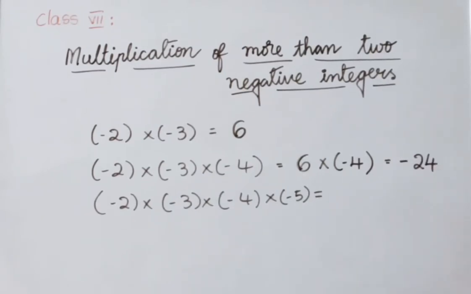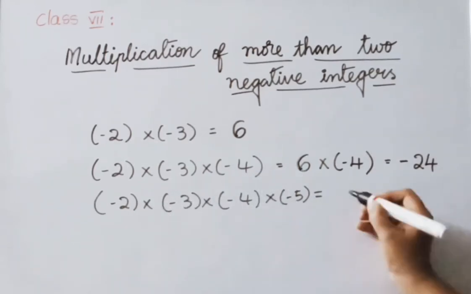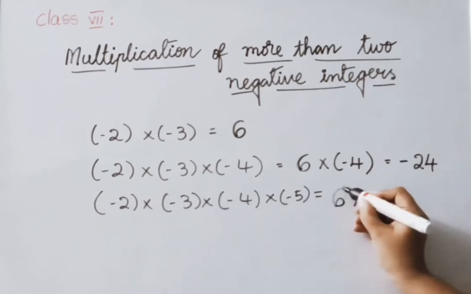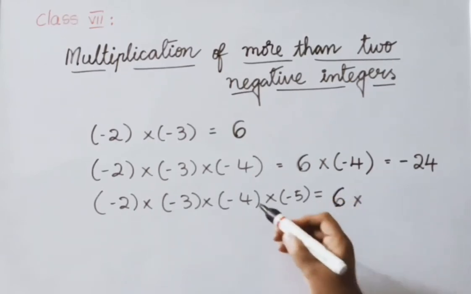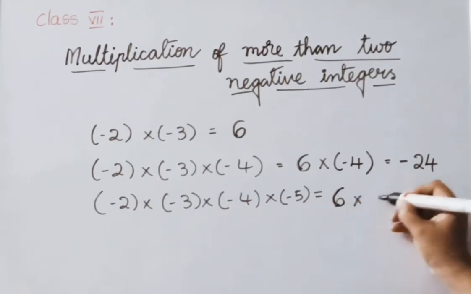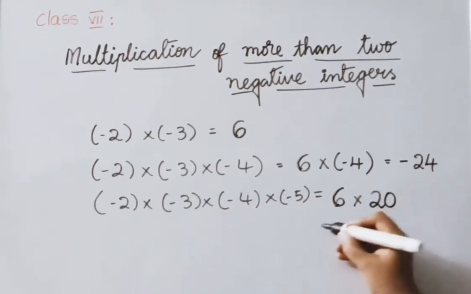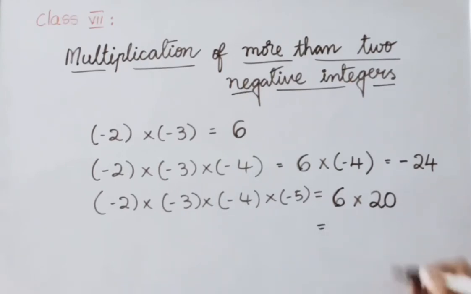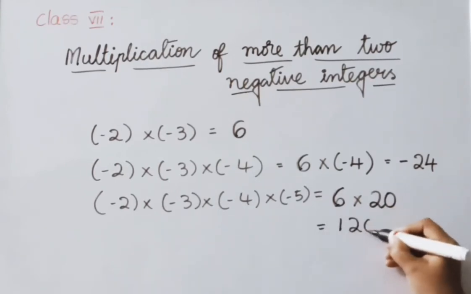See next example. Minus 2 into minus 3 into minus 4 into minus 5. Minus into minus plus, 2 3s are 6. Take next two integers, minus 4 into minus 5. Minus into minus plus, 4 5s are 20. 6 20s are 120.